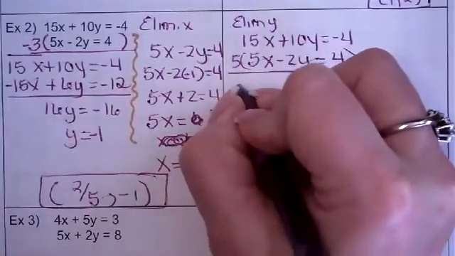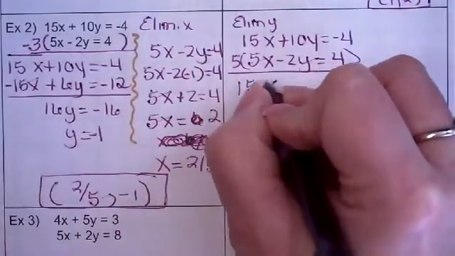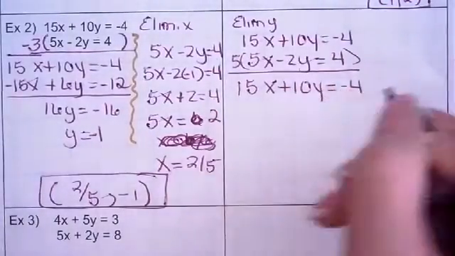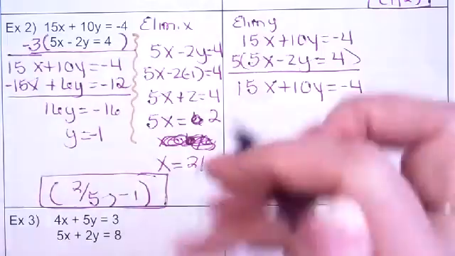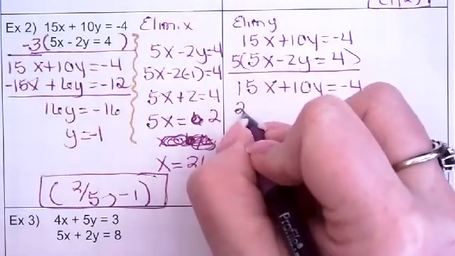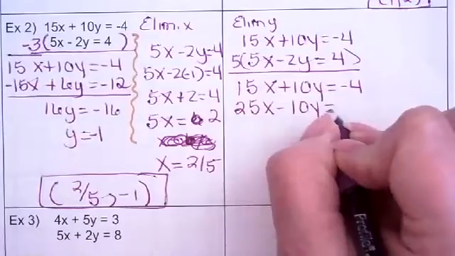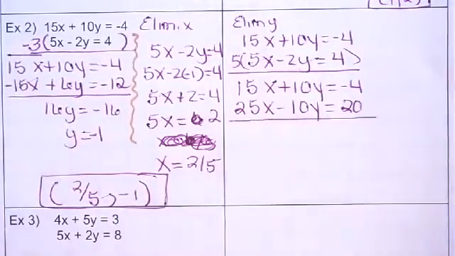Now, oh, so much to remember. So 15x plus 10y equal to negative 4. Let's multiply everything in the bottom equation by 5. So that's 25x minus 10y equal to 20. Okay, just double check.